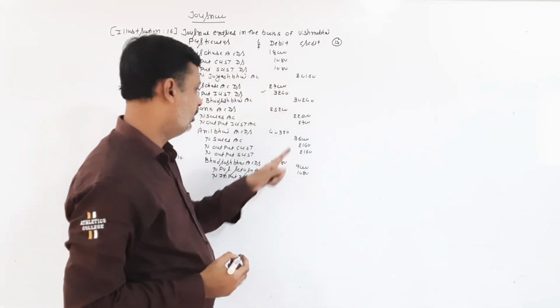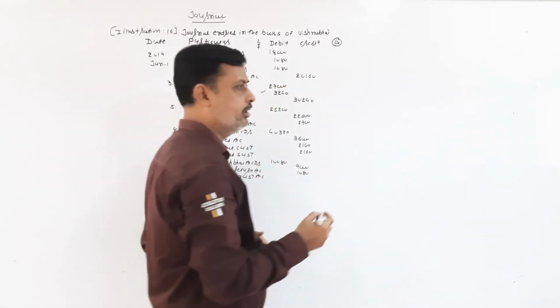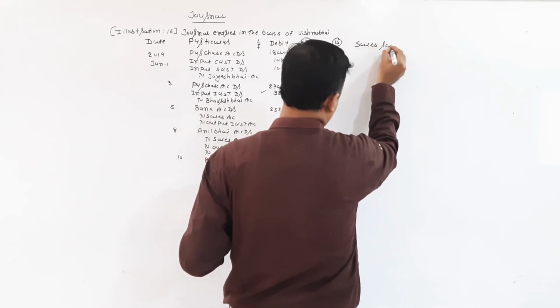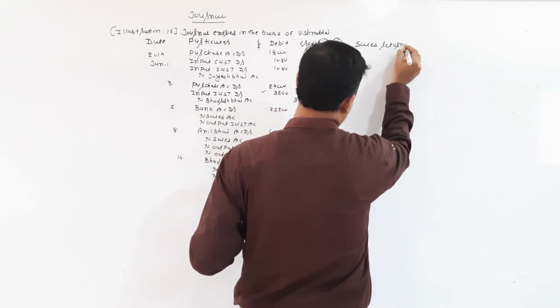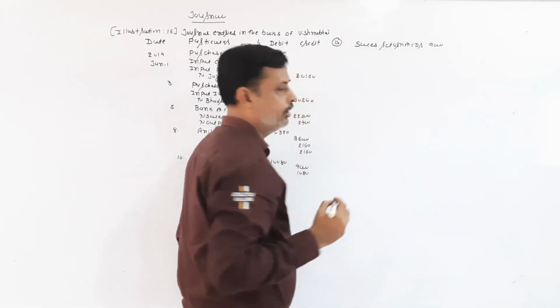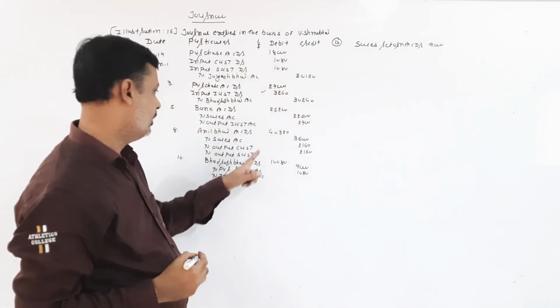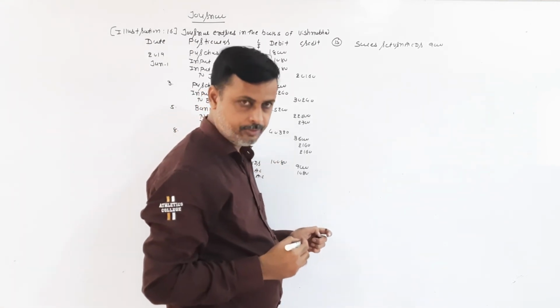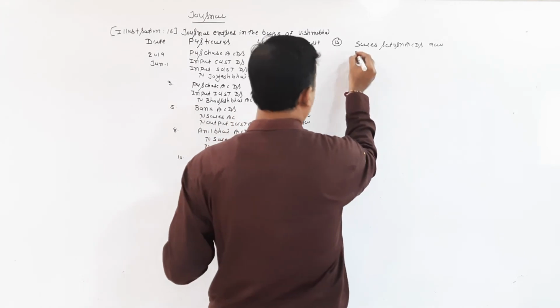Goods return 36,000 one fourth, 9,000. Sales return account debit 9,000. Output GST one fourth, that is 540.